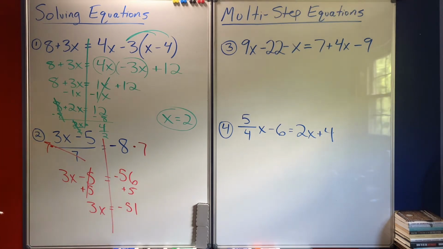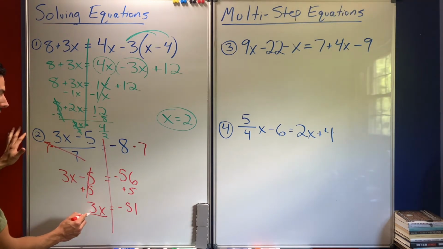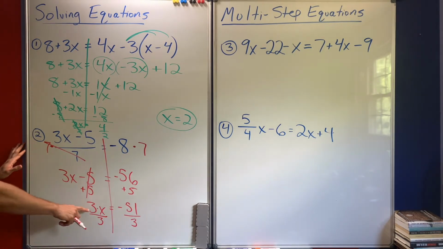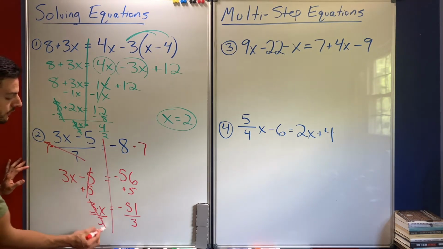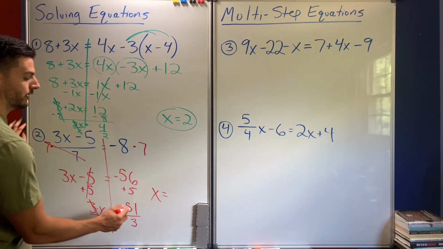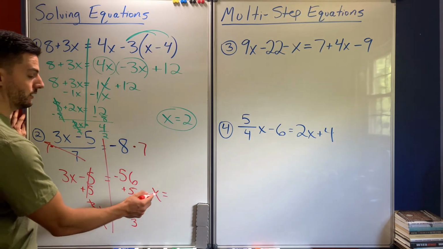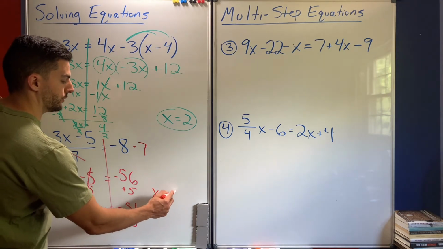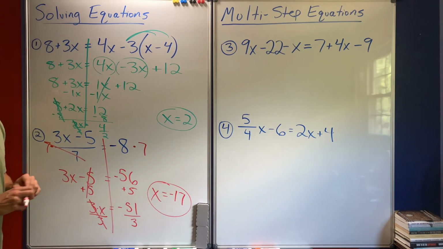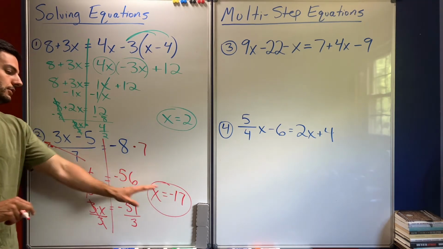And then last step is divide by the 3, because that is multiplied by the x. So 3 times x cancels with divided by 3, and then my answer is going to be x equals negative 51 divided by 3. I'm going to use a calculator because that's one you might not know off the top of your head, but it's negative 17 is the answer, okay? So x equals negative 17.